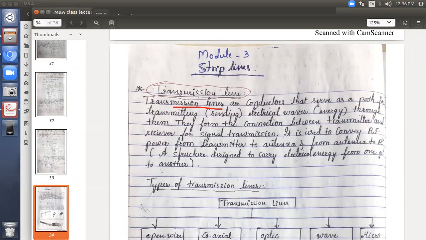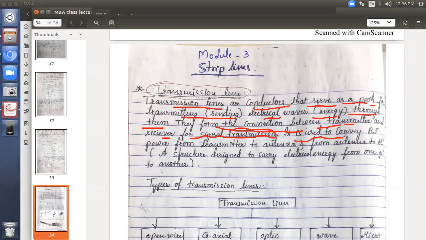Transmission lines are actually what? They are conductors serving as a path for sending electromagnetic waves. They carry the energy, so you transmit the waves, the energy, the power through them. It's like a medium. They form the connection between the transmitter and the receiver for signal transmission or reception.